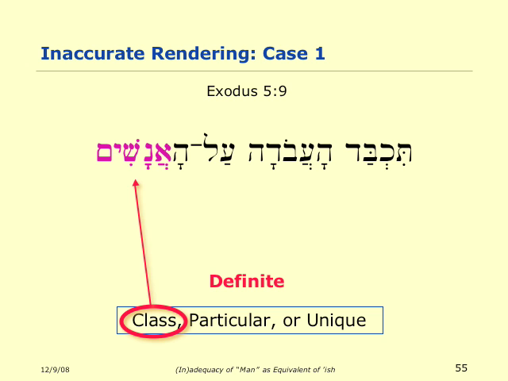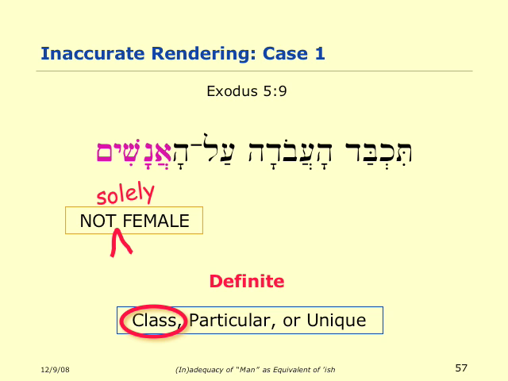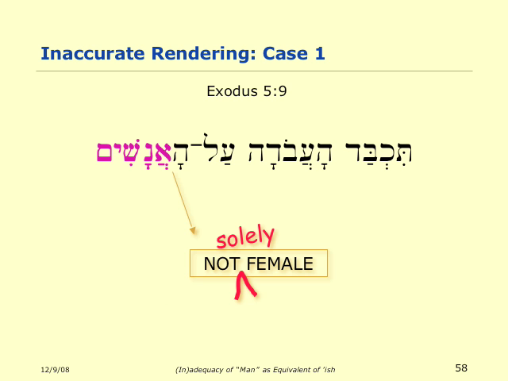So, what the word anashim says about social gender, grammatically speaking, is muted, establishing only that the referents are not solely female. In other words, the grammatically masculine plural conveys that Pharaoh believes that at least one member of this group is not female. The gender of the rest of the group, however, he has not specified.